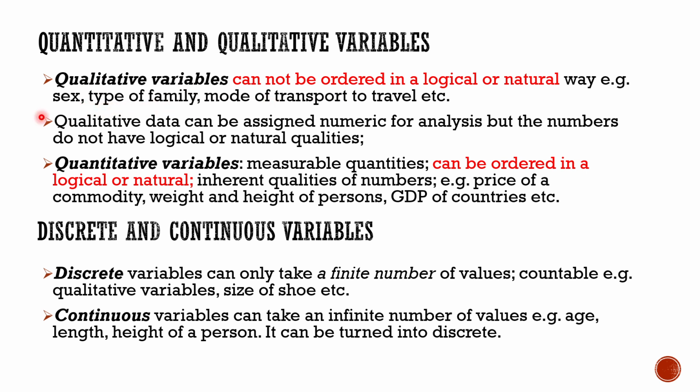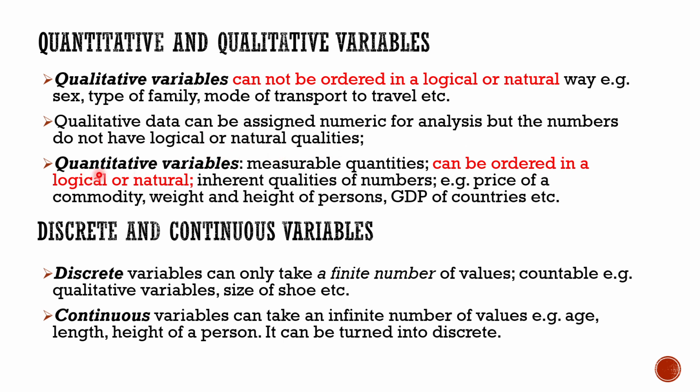If you assign 1 for male and 2 for female, it doesn't mean that females are twice wiser than males. So it cannot be ordered in a natural or logical way. Qualitative data can be assigned numeric, like I have shown you earlier for analysis, but the numbers do not have logical or natural qualities.